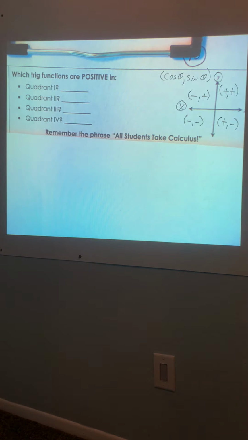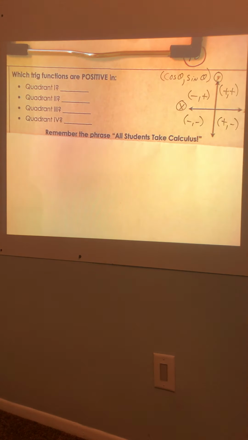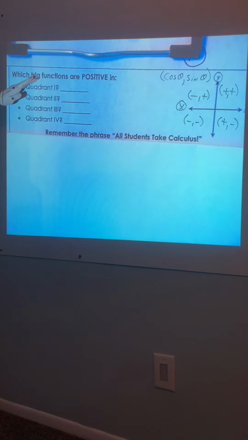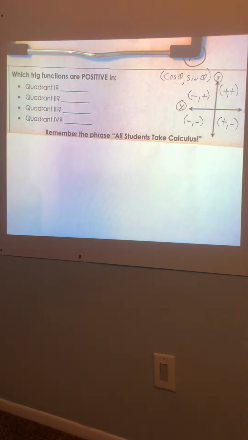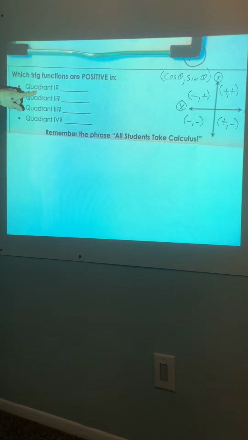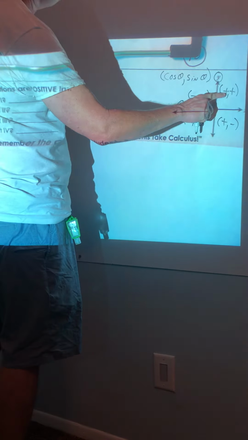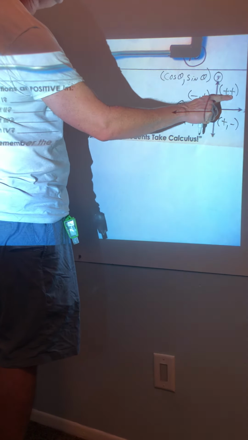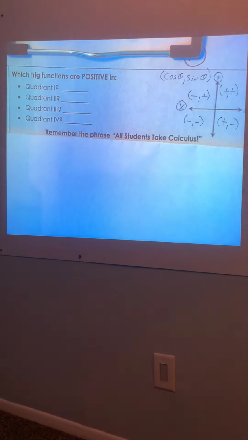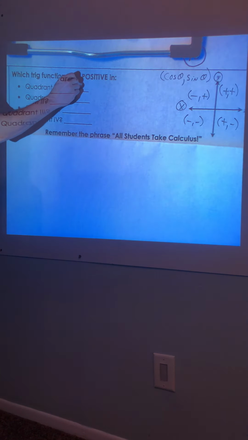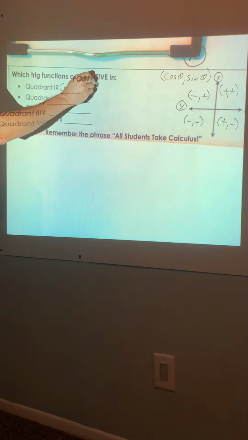Okay, so here we go. Let's see if you know what I was talking about in the notes. The question is, which trig functions are positive? If I'm in quadrant 1, look over here. Quadrant 1 is positive x, positive y, so both cosine of theta and sine of theta.